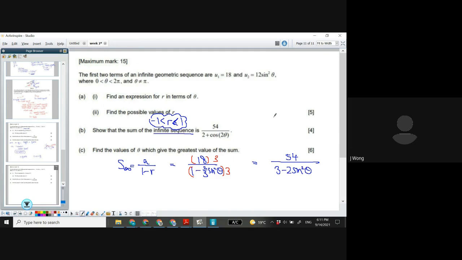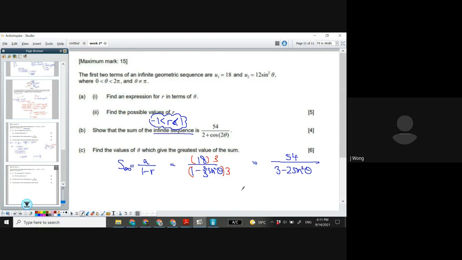So what I'm aiming to do then is to change the sine squared theta into cos 2 theta. There's one identity that helps us do that exactly, which is what we are currently learning, chapter 7, the double angle formula.